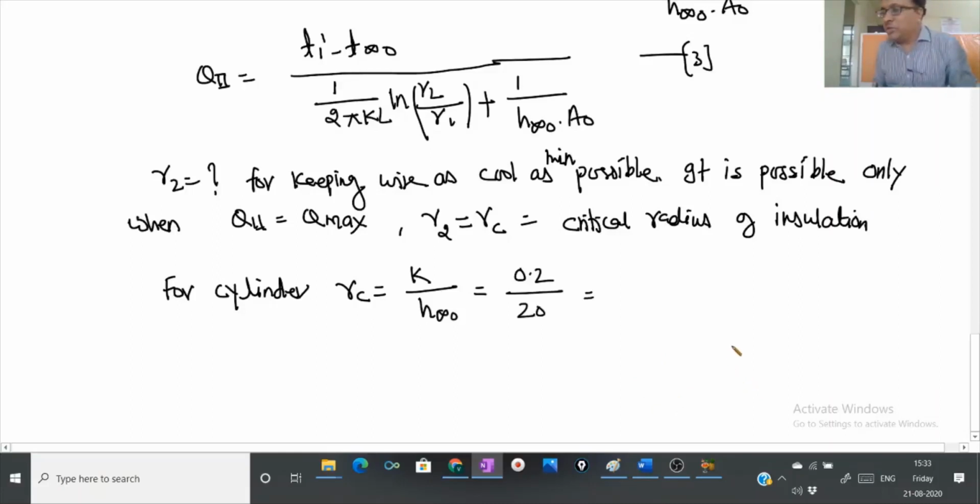So it comes out 0.01 meter or 10 mm. This is the critical radius of insulation. We are supposed to calculate the critical thickness of insulation.